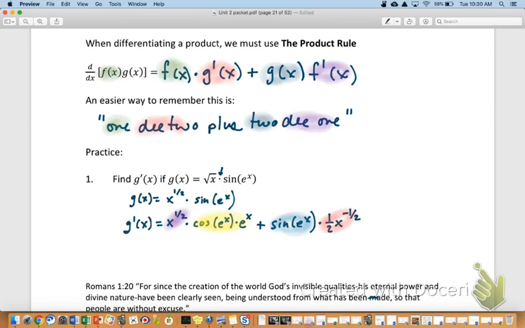Just know that, I think it's tomorrow, we're going to talk about something called the quotient rule, and there's subtraction involved in that one. And in that one, the order very much does matter, but here it doesn't matter, so I'm fine if you do it that way. No problem at all. Okay, so here's number 2.